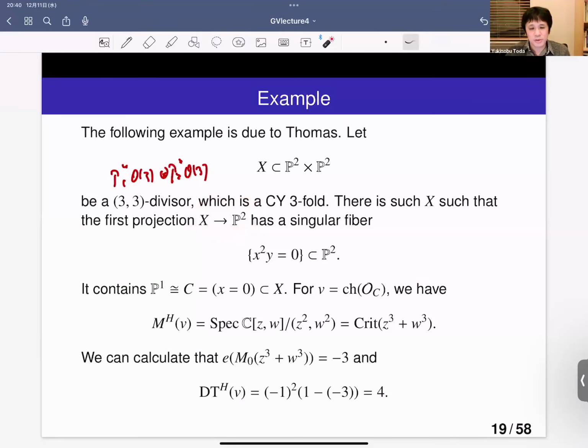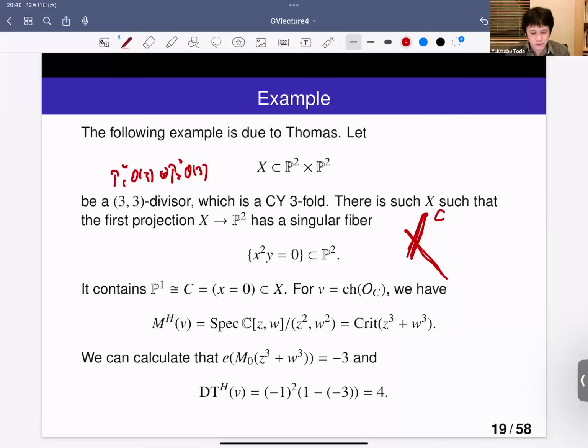And for some choice of X, there is a singular fiber of this form, x squared equals 0 and y equals 0. So there is some non-reduced fiber and also reduced fiber, and it contains P1 of C as one of the non-reduced fibers.